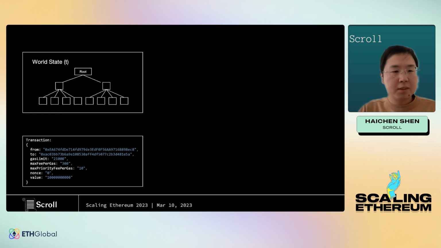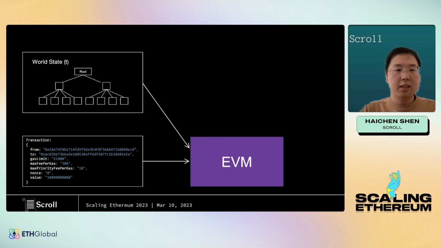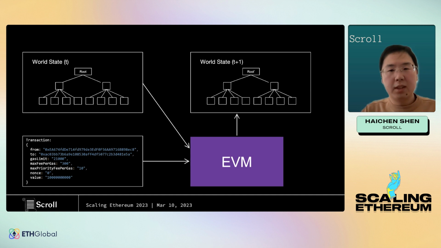At that time, you receive new transactions trying to do transfers or execute smart contracts. You take these two as input to the Ethereum virtual machine, which executes them, and the output will be a new world state with a different root after you apply the transactions.